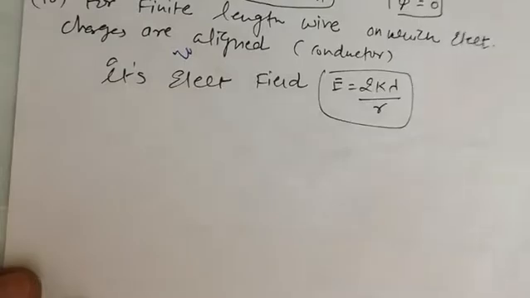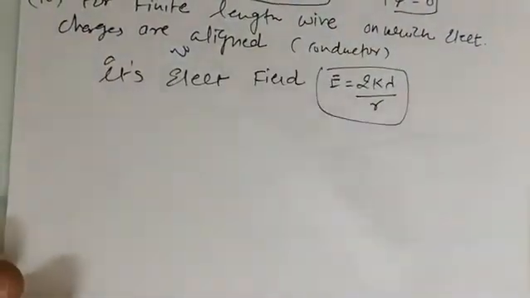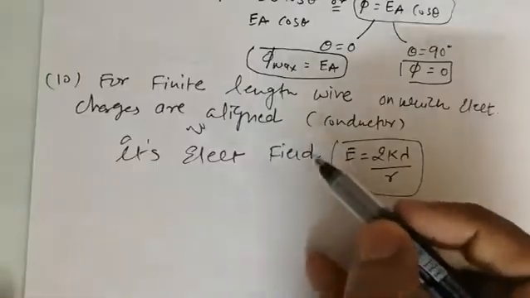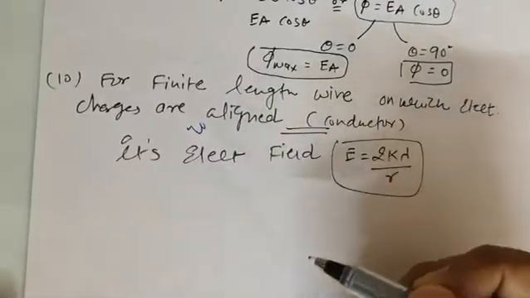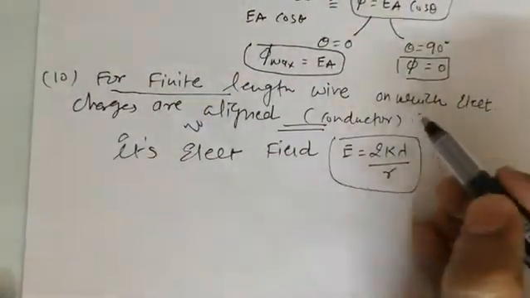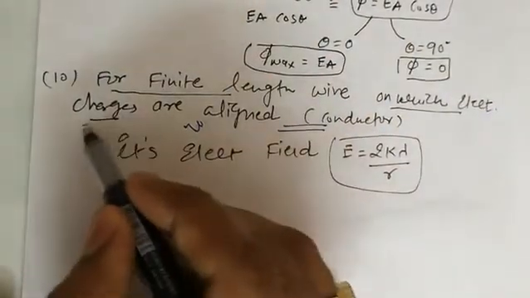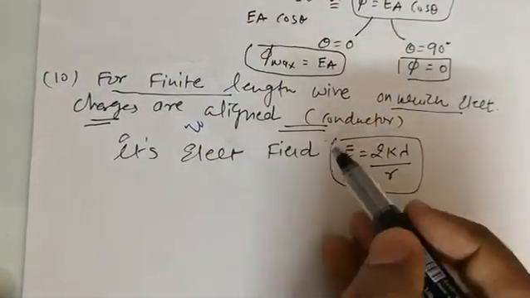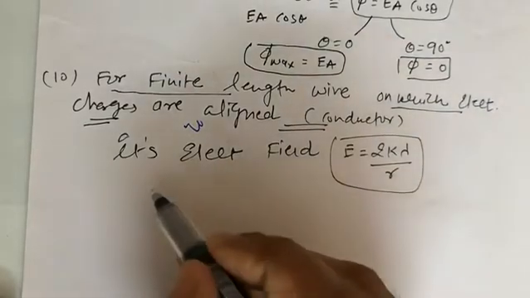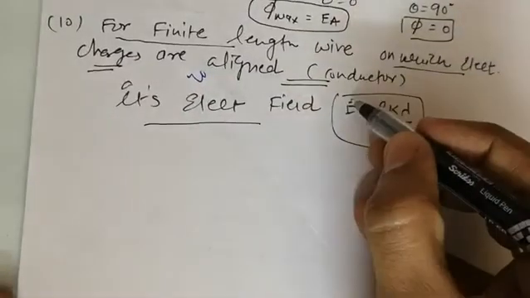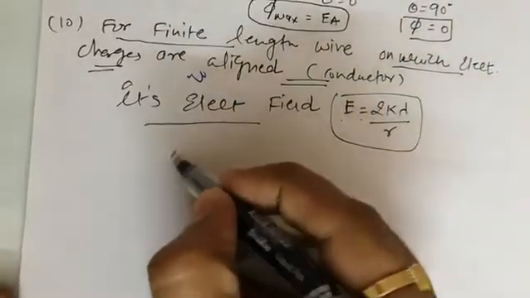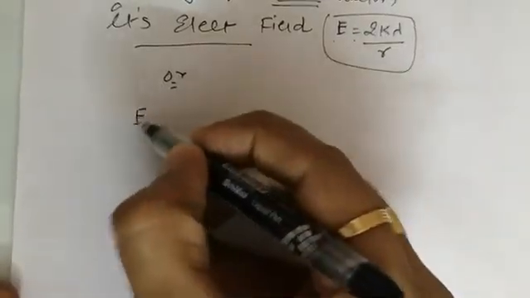The last formula is for an infinite length or finite length. For the finite length we will discuss right now, and for the infinite length we will put another video and discuss the flux for that. For a finite length wire on which electric charges are aligned, the electric field is, as we have learnt in our normal classroom theory, E equals 2k lambda by R. You can modify this formula as per your need.